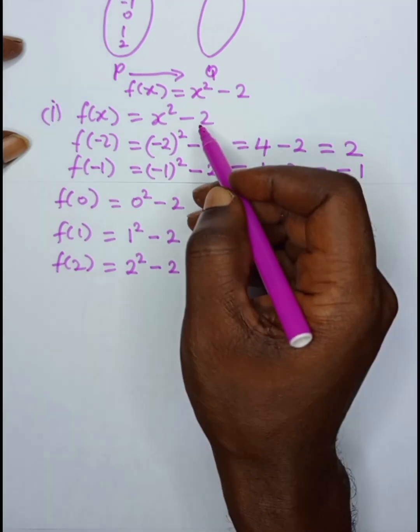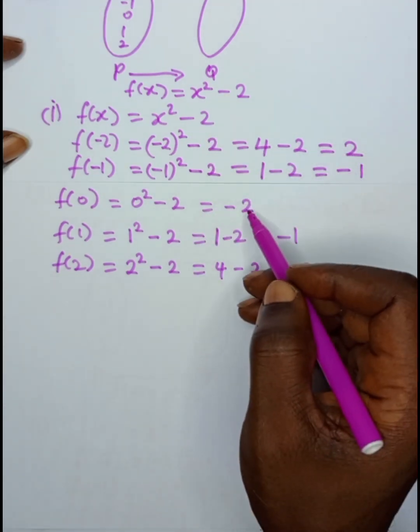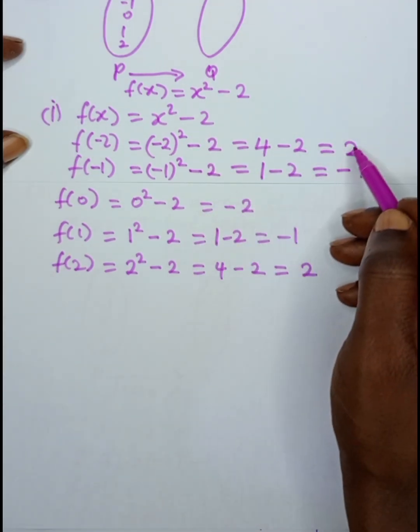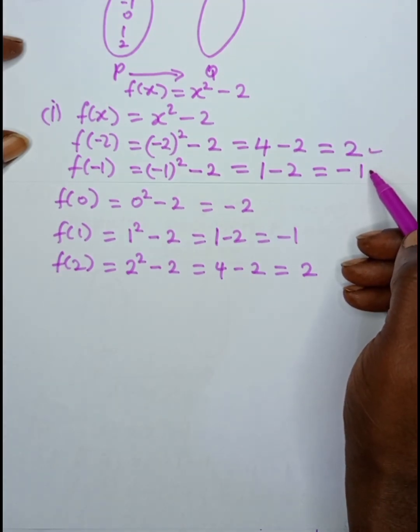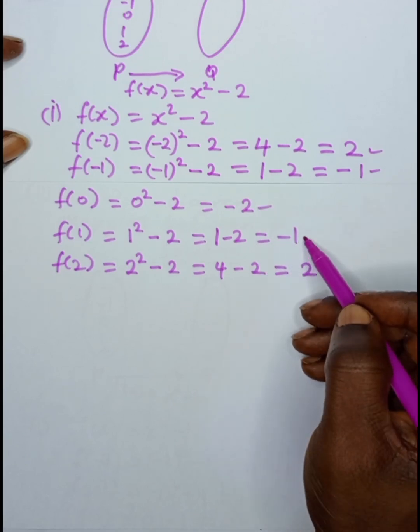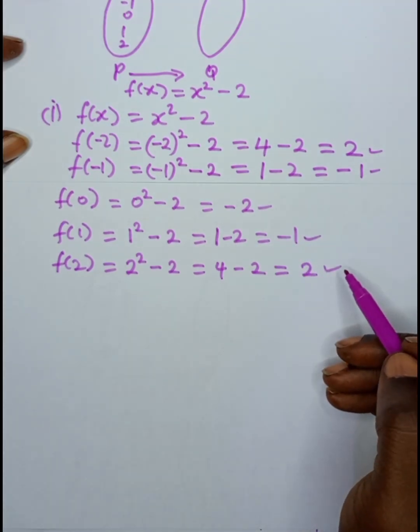Now, these are the elements of Q. We have 2, -1, -2, -1, and 2.